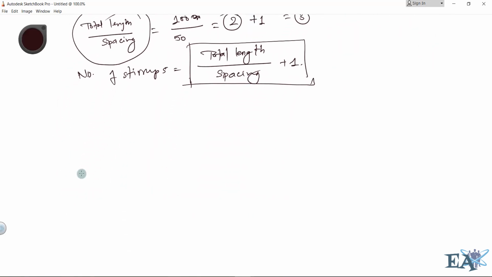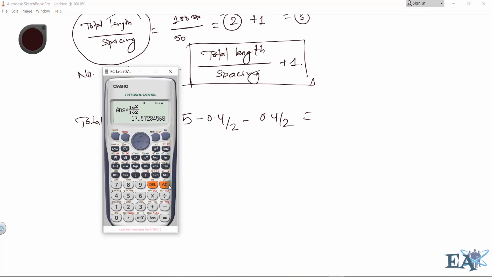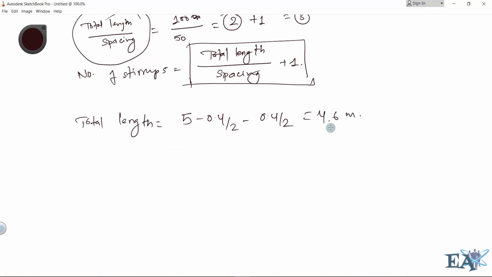The total length in our case is 5 meters from center to center, minus 0.4 by 2, minus 0.4 by 2, which is equal to 5 minus 0.4, because 0.4 by 2 twice will be 0.4, and this is equal to 4.6 meters.